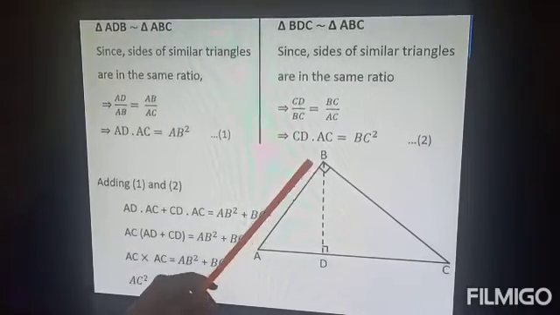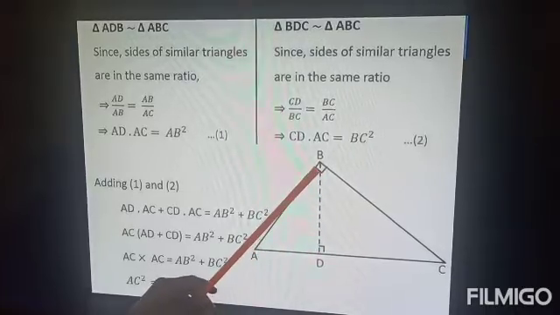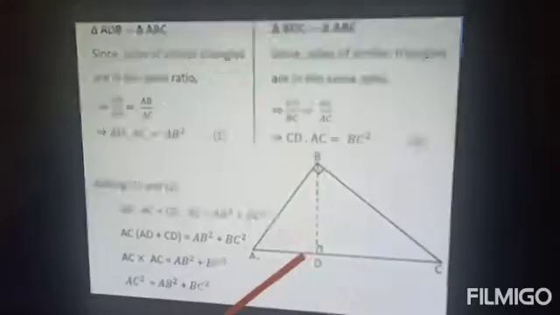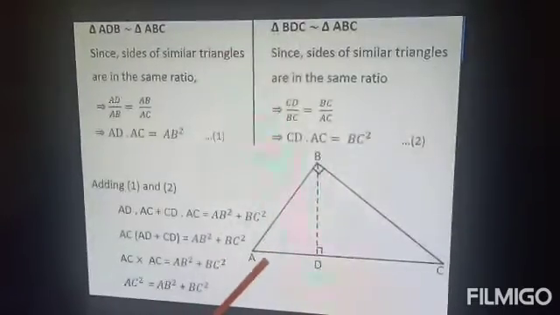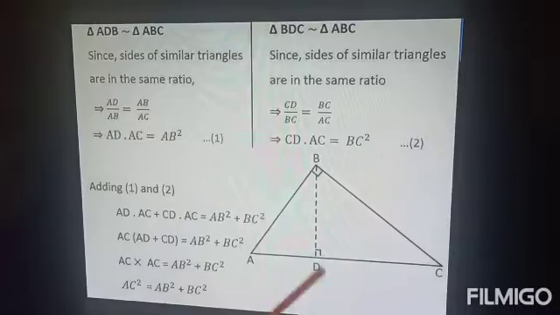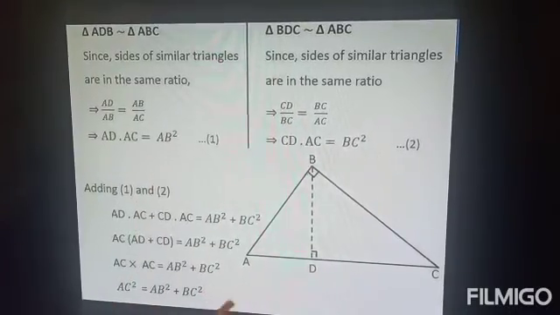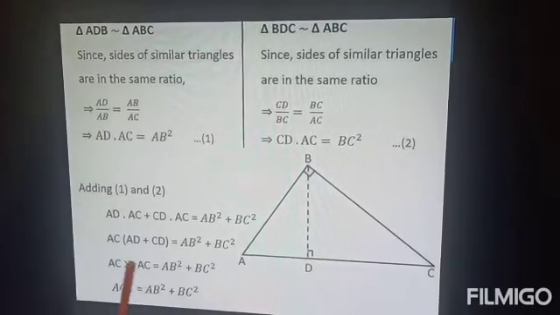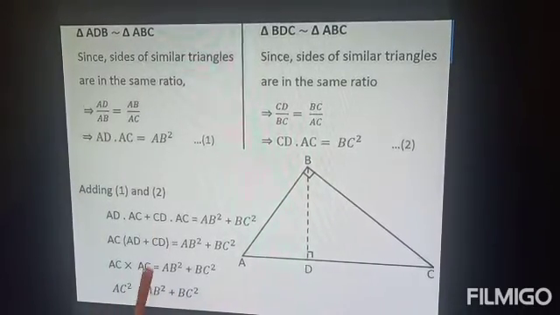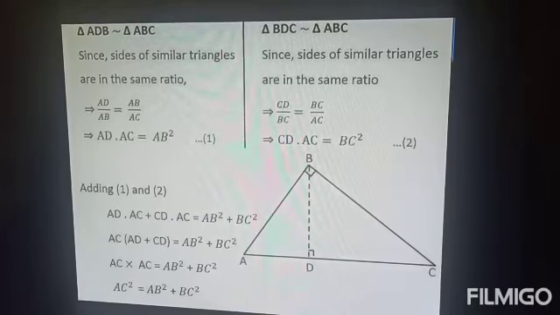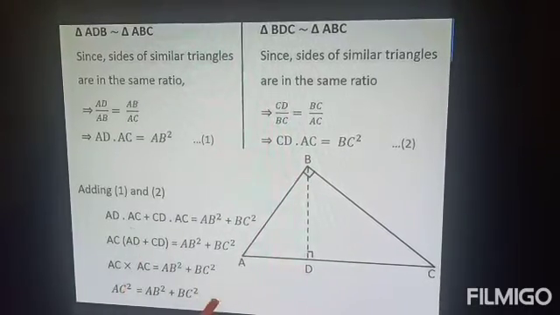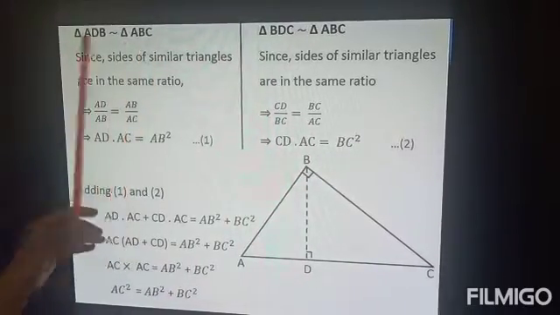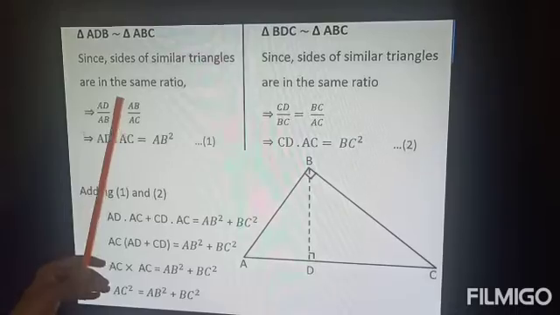Then in the given triangle ABC, B is the right angle, and in triangle ADB, angle D is a right angle. Means 2 angles in one triangle are equal to 2 corresponding angles in another triangle, so those 2 triangles are similar. According to that, we can say ADB and ABC are similar triangles.